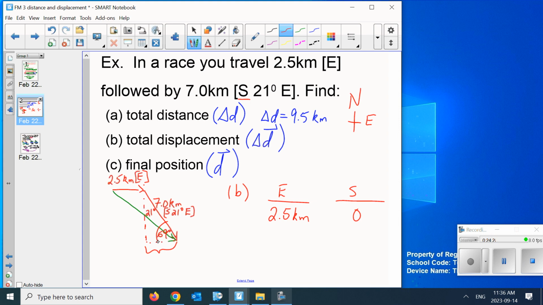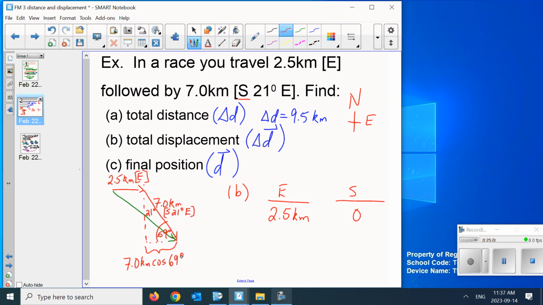So that's cosine. So if I go with 7 kilometers, the cosine of 69 degrees. That is going to give me the east direction. This should make sense to everyone. This is B. We're figuring out the east component of 7 kilometers south.